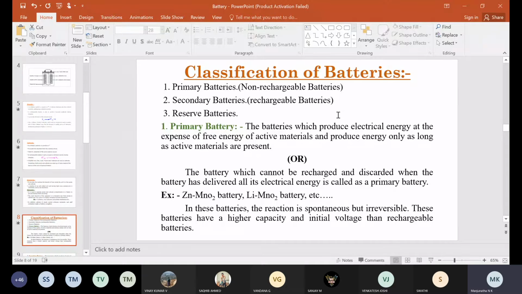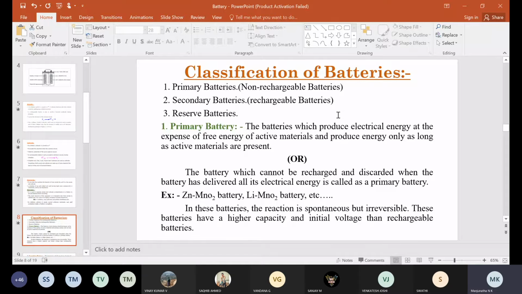We discard the battery when it has converted all the chemical energy present inside the cell into electrical energy. These types of batteries are called primary batteries or non-rechargeable batteries. Here only the discharging process takes place, there is no recharging process.